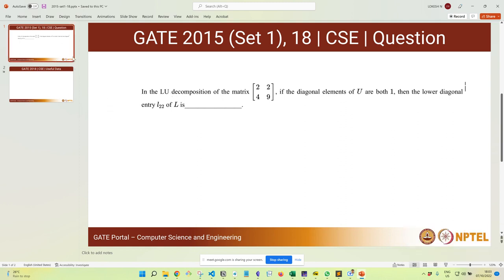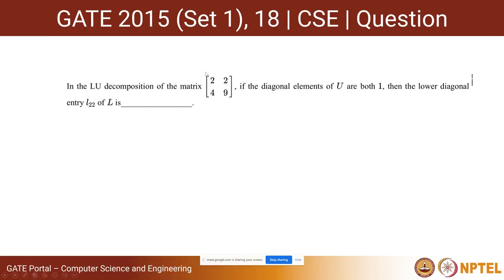Okay. So now this is GATE 2015, question number 18 in set 1, right? Here they're asking us to find the LU decomposition of the given 2 cross 2 matrix. You must already know what LU decomposition is, because we have been seeing systems of linear equations, then from there we came to row reduced echelon form.